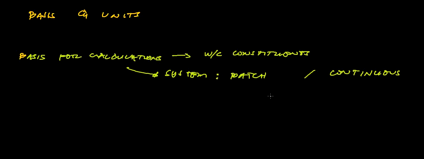Having this basis for considerations, you can also define other basis. After selecting your basis, you can now choose which units may be used. For example, if you choose the batch system, then your materials can have a unit of mass.